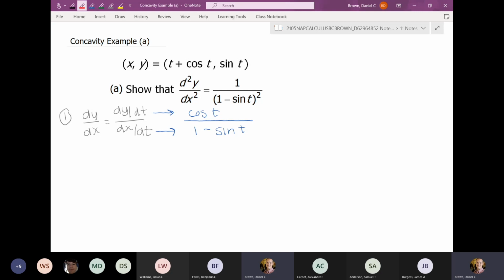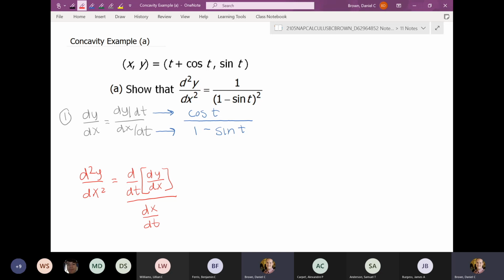And then we want to use that in a step 2 to find the second derivative. And I think of this in 2 parts. I'm going to rewrite the formula as well. The first thing we're going to have is the derivative of the first derivative, and we're doing it with respect to t, divided by the derivative of x with respect to t.